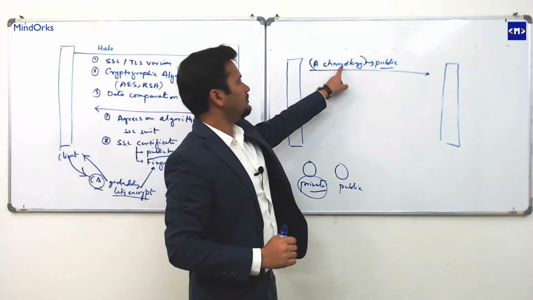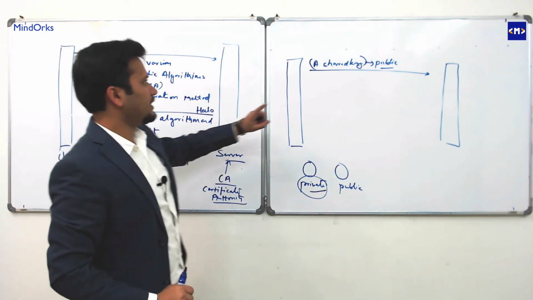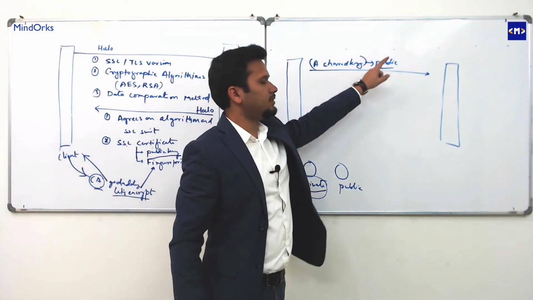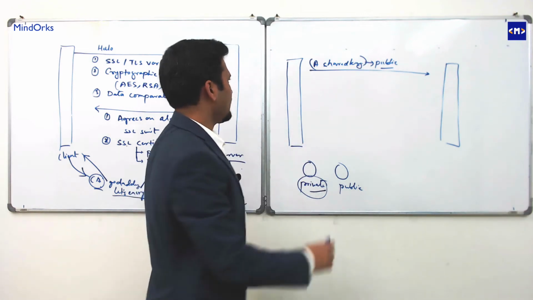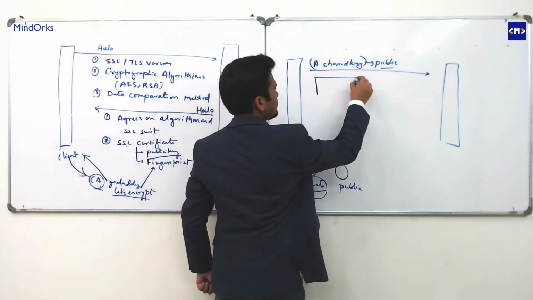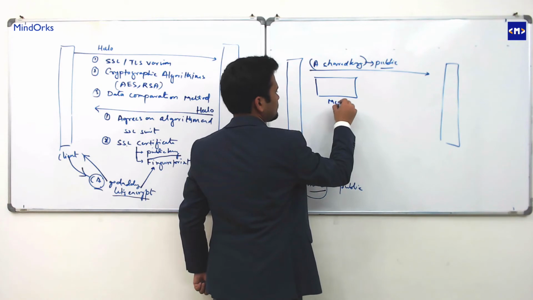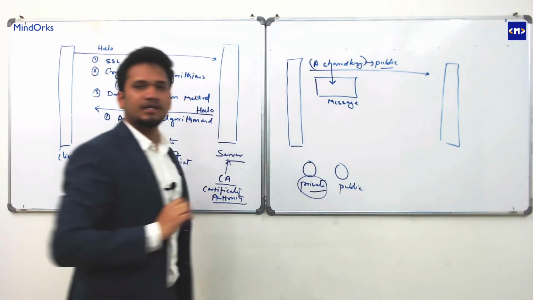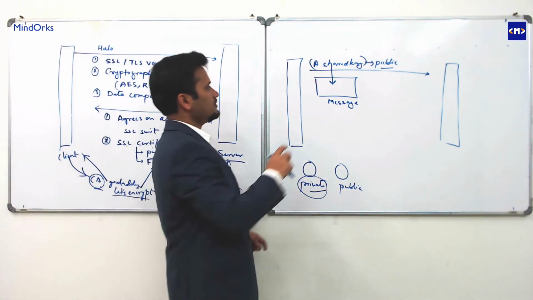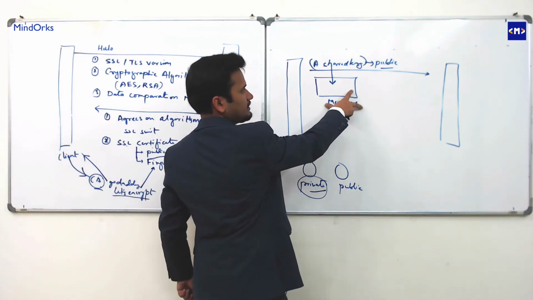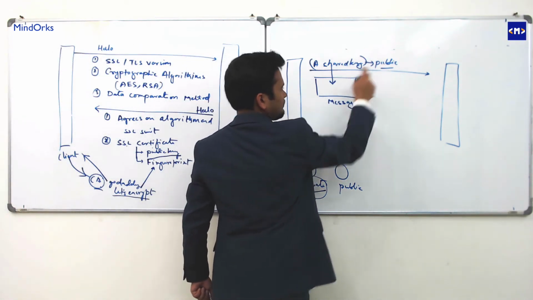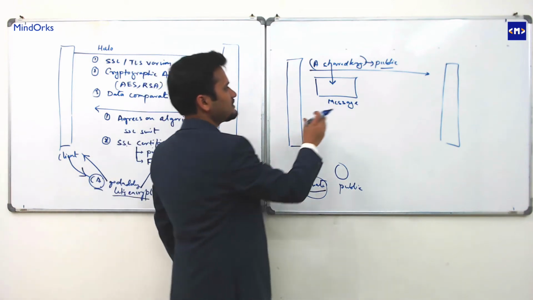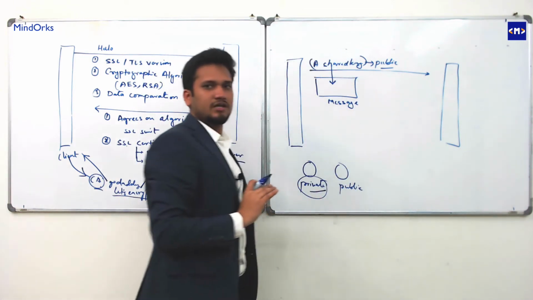Then it will encrypt its message using that shared key. Now this message is encrypted, and this key is encrypted with the public key of the server, and it will send that information back to the server.